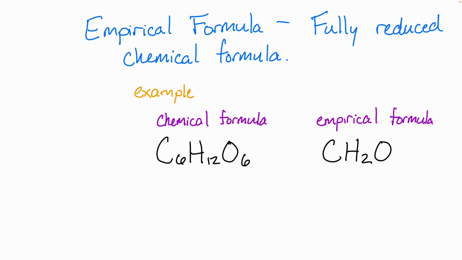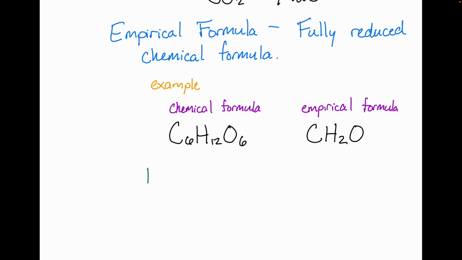All right, cool. So importantly, for ionic compounds, what did we say about the chemical formulas of our ionic compounds? They always have to be fully reduced. So for an ionic compound, its chemical formula is also its empirical formula. They have to be one and the same, just by the rules that we laid down, right? So for ionic compounds, your chemical formula equals your empirical formula.